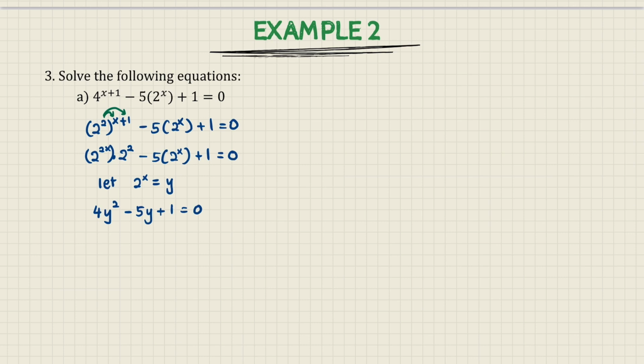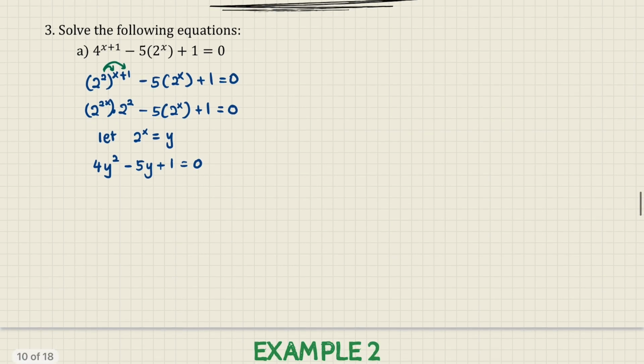Okay, so bila dah jadi quadratic equation, what can we do? Factorize guna calculator. So using your calculator, wait. Okay, so using calculator, I get y minus 1, and the other one adalah 4y minus 1. So kita ada dua jawapan dekat sini.